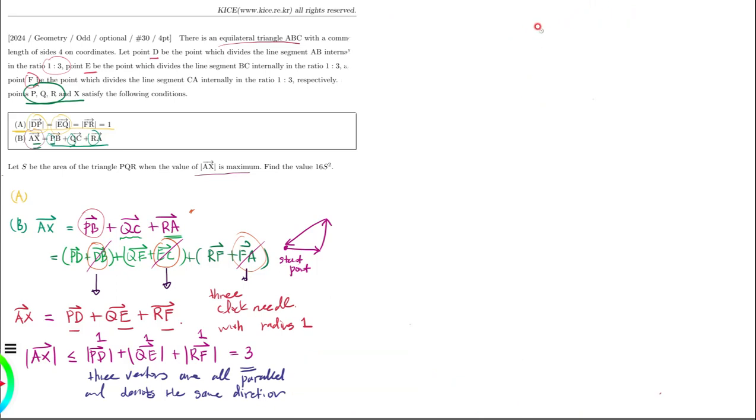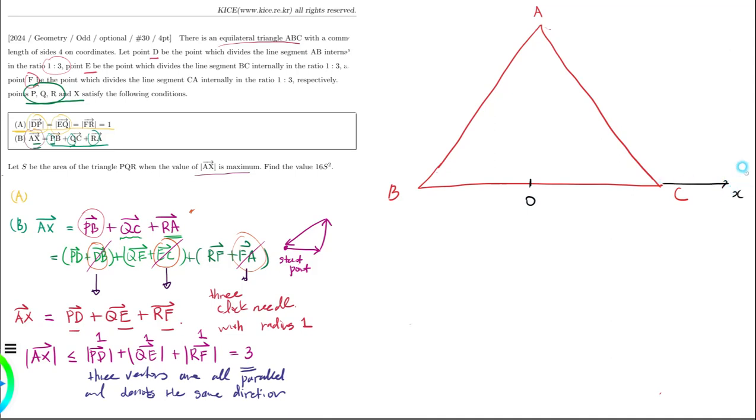Let me simplify the picture for the last step here. We have an equilateral triangle A, B, and C, and I set the origin here. This is the X coordinate and this is the Y coordinate. And we have the points D, E, and F here.